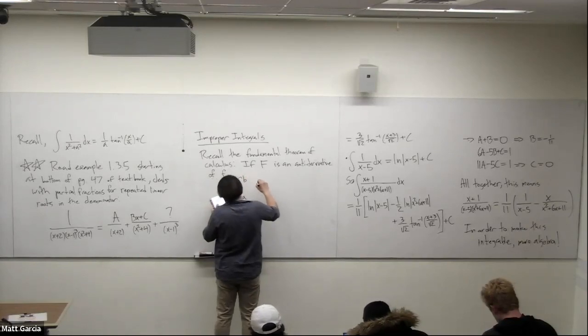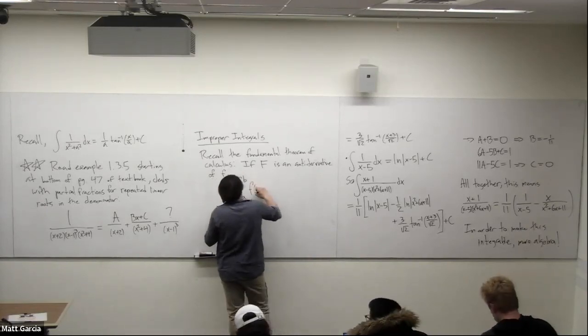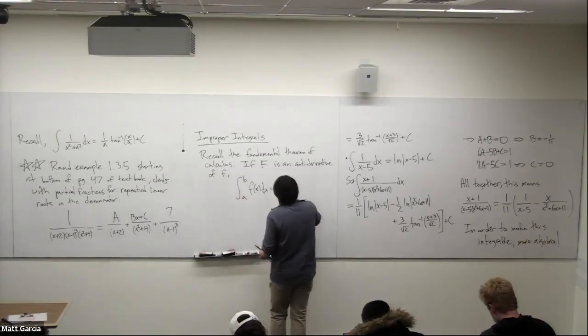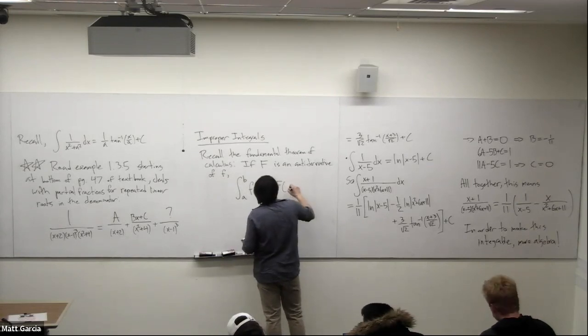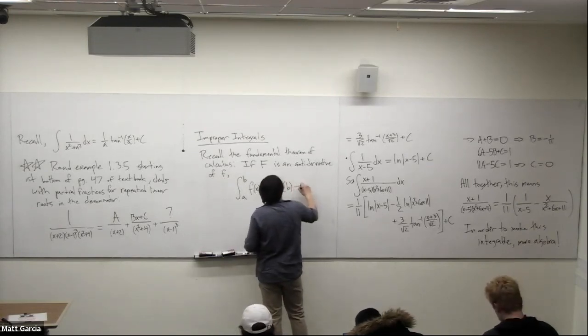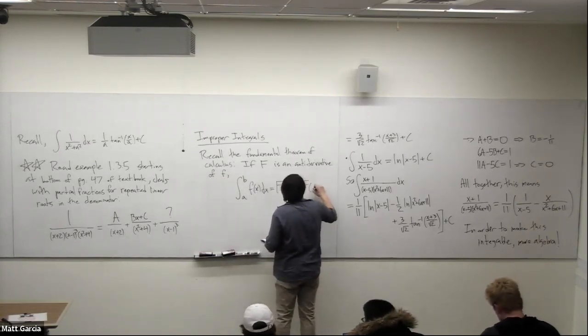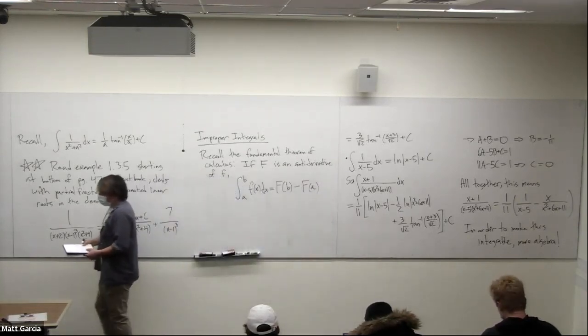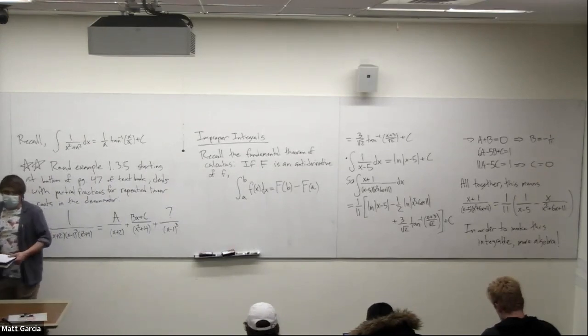The definite integral of little f of x dx from a to b is the antiderivative evaluated at b minus the antiderivative evaluated at a. Right? It's hopefully familiar.